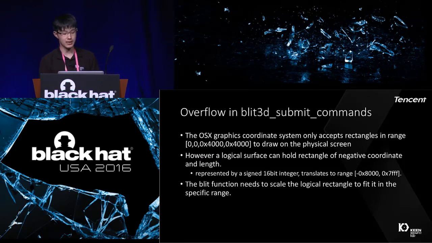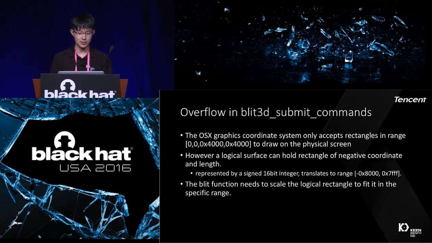As we know from reverse engineering, the OS X graphics calling system only accepts rectangles in a range like 0 to 4000 in hex format to draw on the physical screen. However, as we have seen before, a logical surface has a field in int16 format, which is a signed integer, so it can represent numbers in a range like negative 8000 to positive 7FFF.